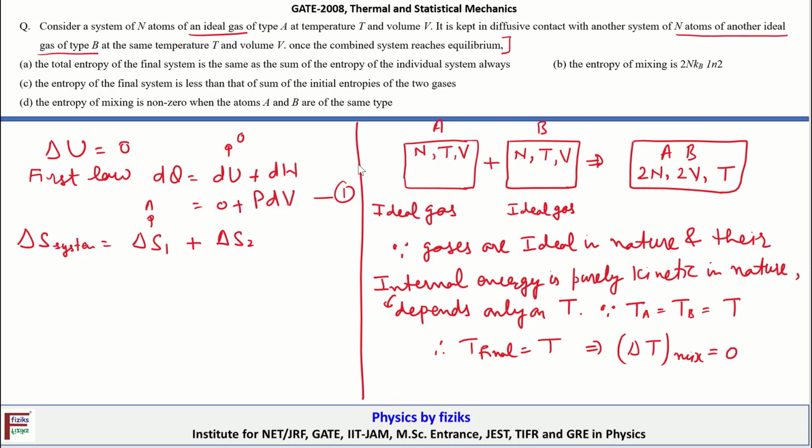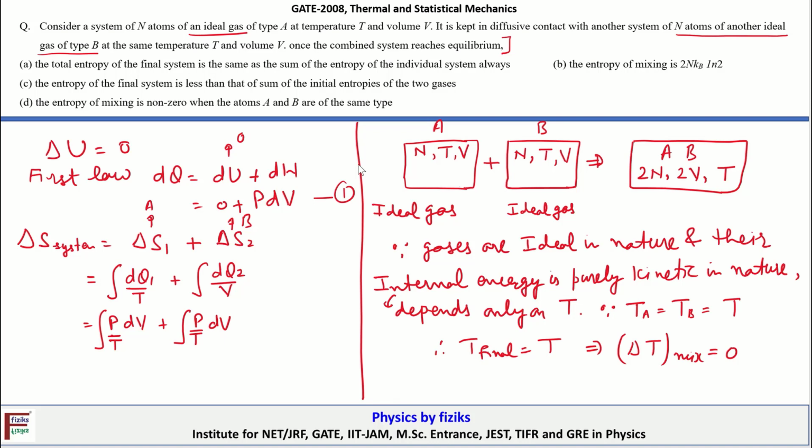This is the entropy change for system A, and this is the entropy change for system B. That is equal to the heat change involved in system A, dq1 by T, plus dq2 by T, which is equal to P dV upon T for system 1 plus P upon T dV for system 2.